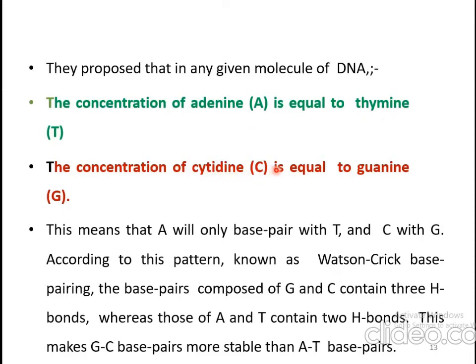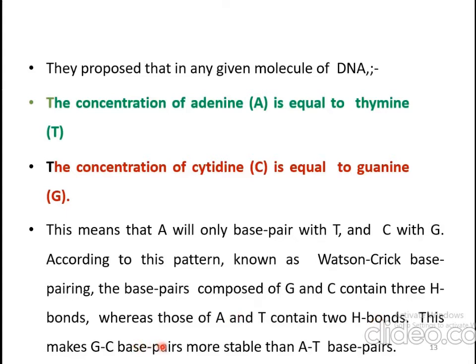This means that adenine will only base pair with T, and cytosine will only base pair with G: AT and CG. According to this pattern, known as Watson-Crick base pairing, the base pairs of G and C contain three bonds, whereas those of A and T contain two hydrogen bonds.